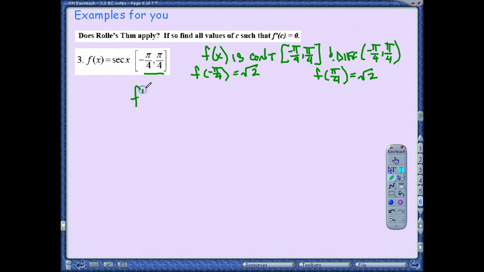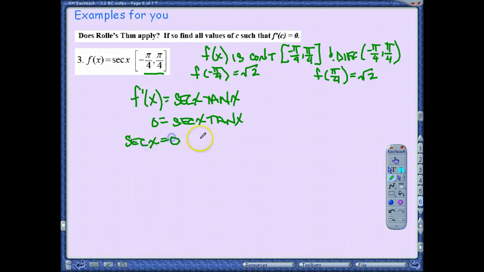Here we go, derivative. The derivative of secant of x is secant of x tangent of x. We'll set that equal to 0. We'll set each one of those factors equal to 0.